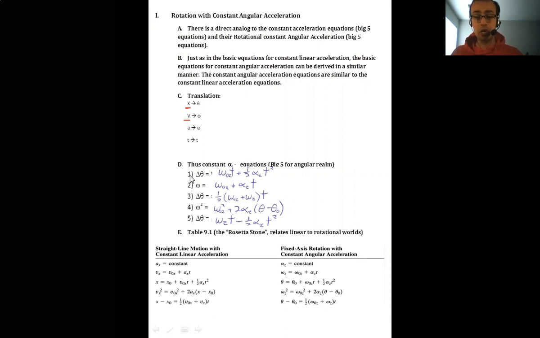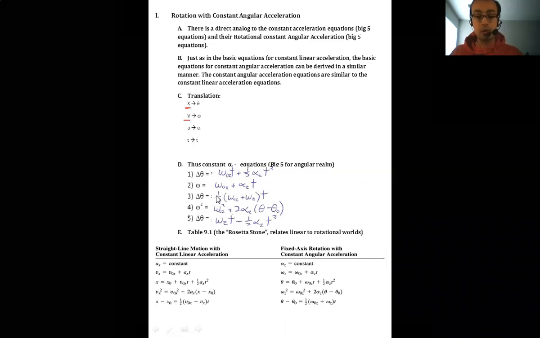All right, so the constant alpha equations are analogous to the constant a equations in the linear world. So delta theta is equal to omega naught z times t plus 1/2 alpha z t squared. Omega is equal to omega naught z plus alpha z t.